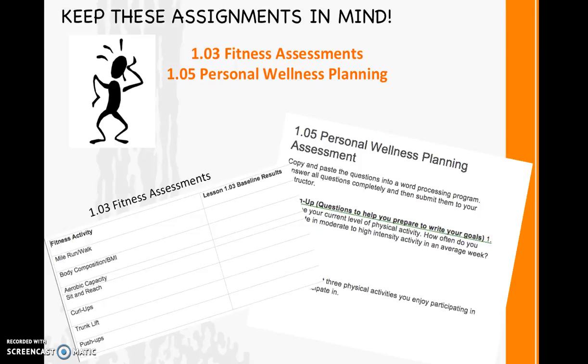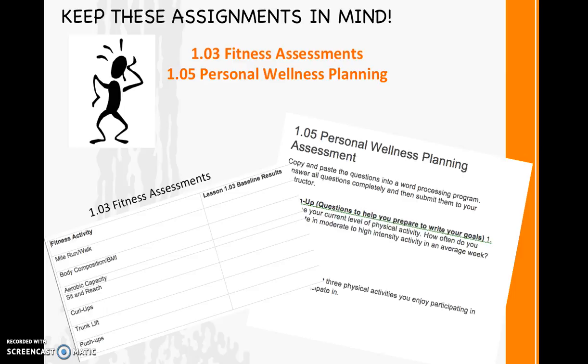Now, here's what I'd like for you to do. Remember that when you started the course, one of the assignments we asked you to do was to complete the 1.03 fitness assessments. Remember that these fitness assessments were exercises and activities in which you collected some data.